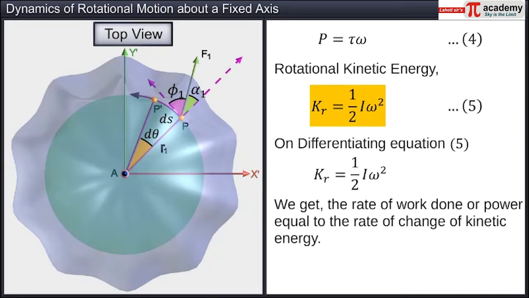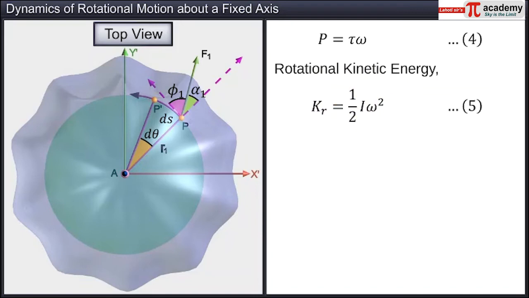On differentiating equation 5 above, we get the rate of work done, or power, equal to the rate of change of kinetic energy. Thus, we get P is equal to dKr by dt.